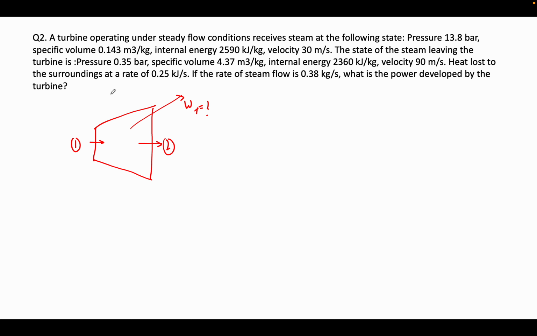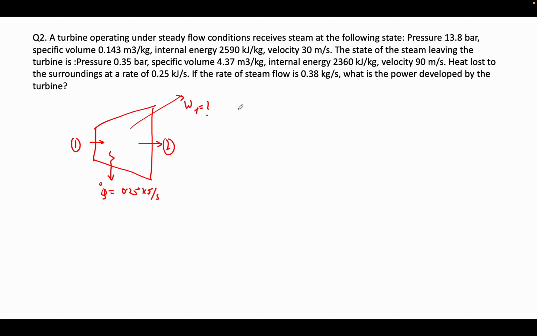And what it is telling us is that it is losing heat Q dot, given as 0.25 kilojoule per second. That means this much kilowatt heat is lost. Now we need to find this one.